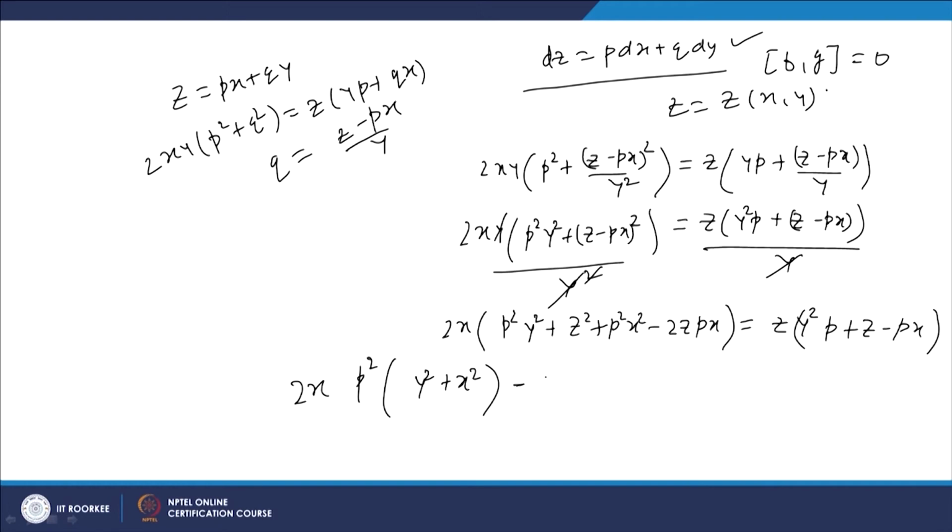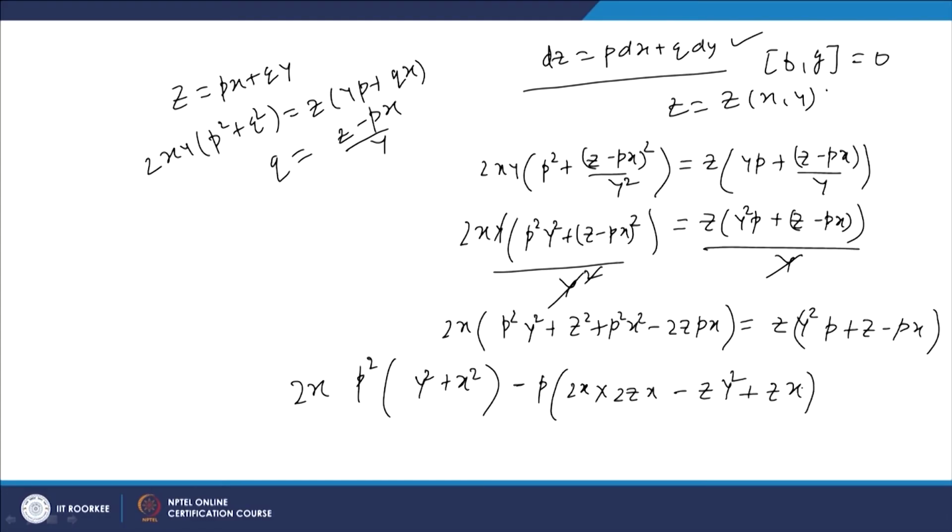Here we get 2 x into minus 2 z x, and on the other side the coefficient is minus z y square plus z x.